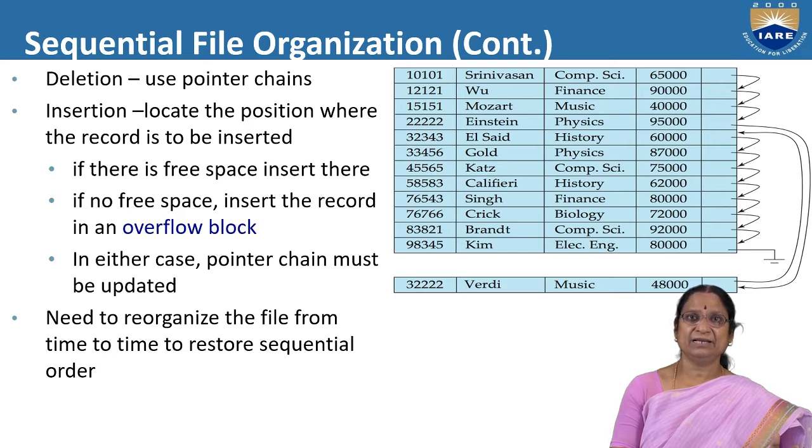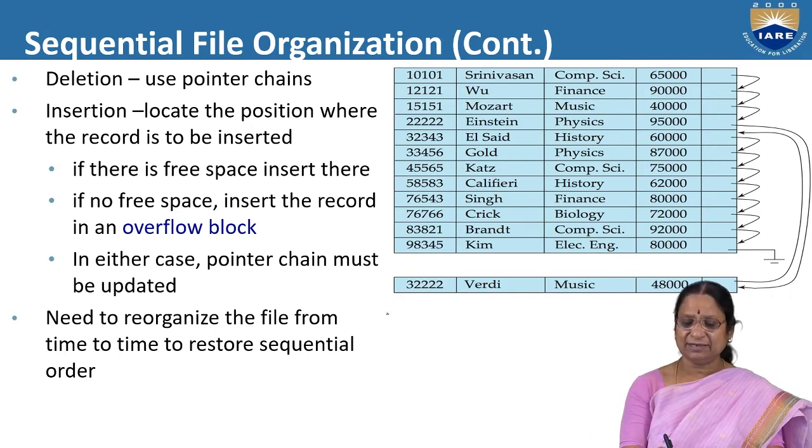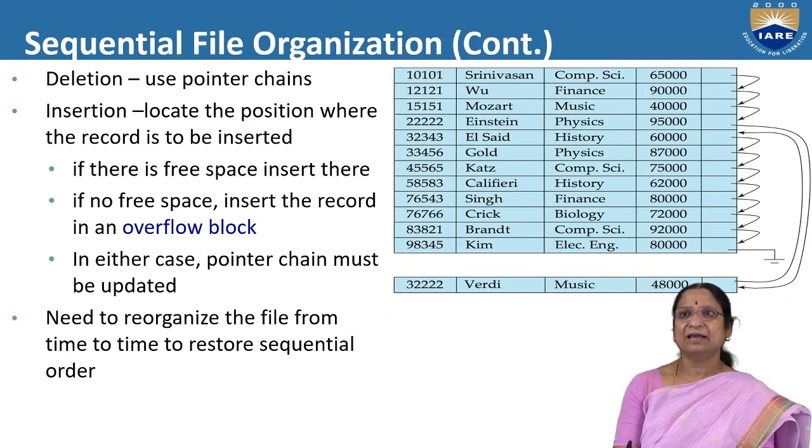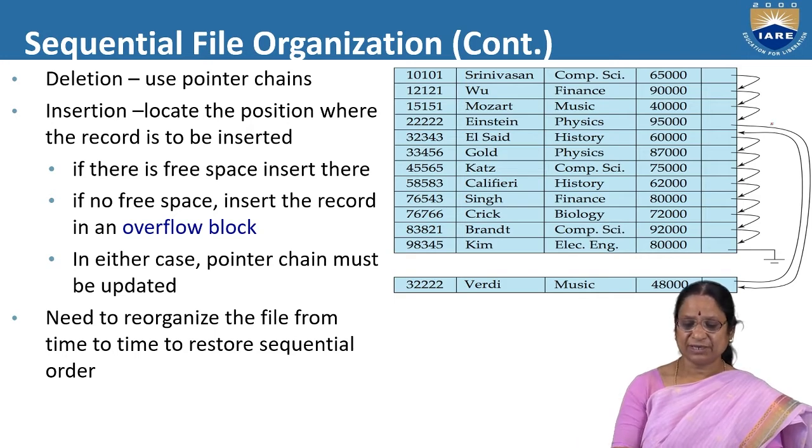A record can be deleted or a record can be inserted. Insertion means that if you would like to insert a record, because all the data are packed one by one, we will insert the record in a free space and pointers are going to be changed. That is, addresses are going to be changed. Now you observe here, this record has to be inserted.